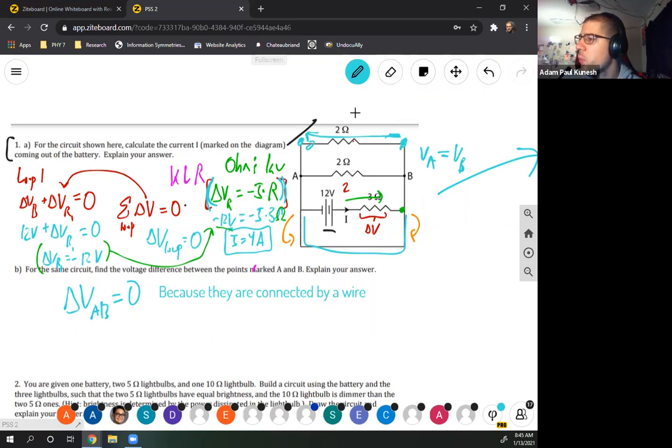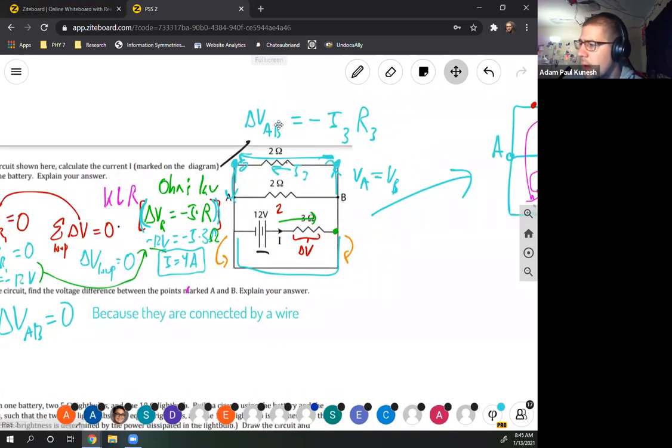What that path would show me is that the change in voltage from A to B is negative I3, the current flowing through this third resistor here, times R3. So that's still true.